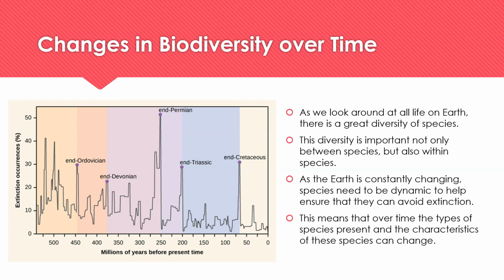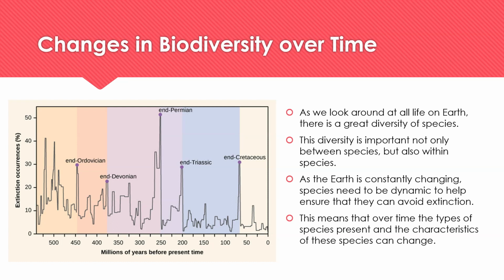It is possible, though, obviously, that things happen and animals or plants do become extinct. And so over time, what we see is it looks like there's been this change in the types of species that are present and the characteristics of those different species. You can see in the graph here, this is a graph showing current scientific thinking around the different levels of extinction occurrences in time before now, and what's happened at different periods.